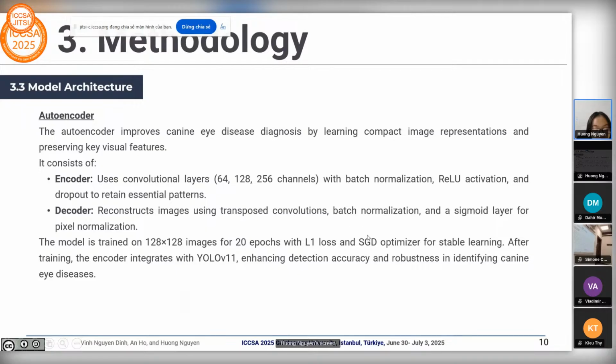We trained the autoencoder on 128 by 128 images for 20 epochs using L1 loss and the Adam optimizer. And once trained, we use the encoder part to feed better features into YOLO version 11, which helps the model detect diseases more accurately, especially in complex cases.